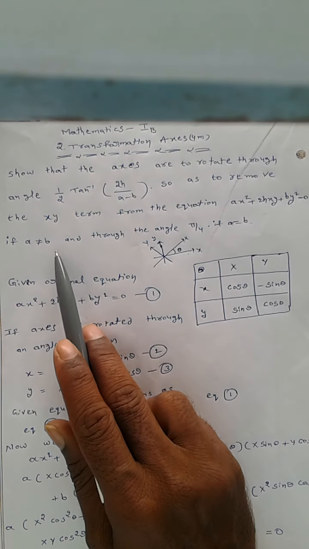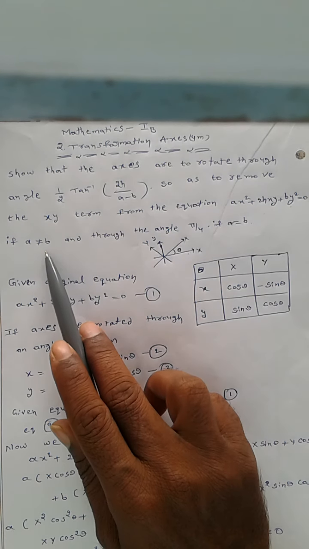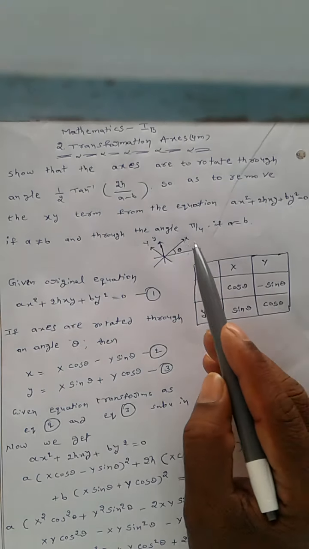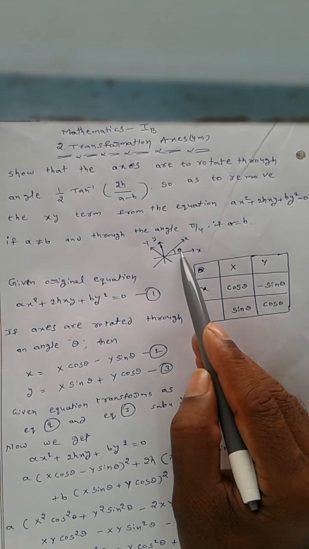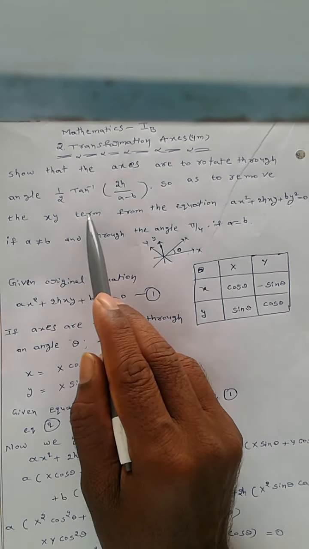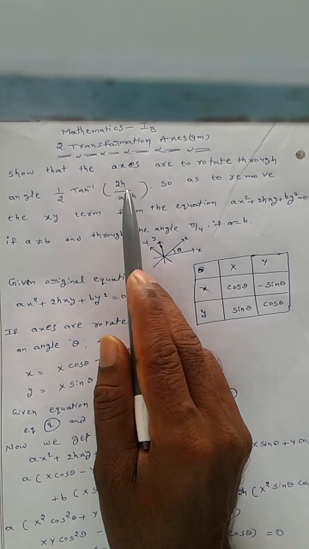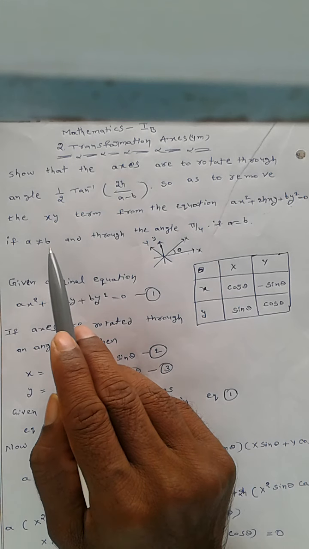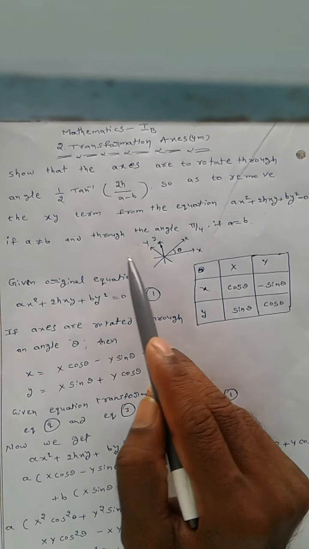If a is not equal to b, theta is equal to 1 by 2 into tan inverse of 2h by a minus b.